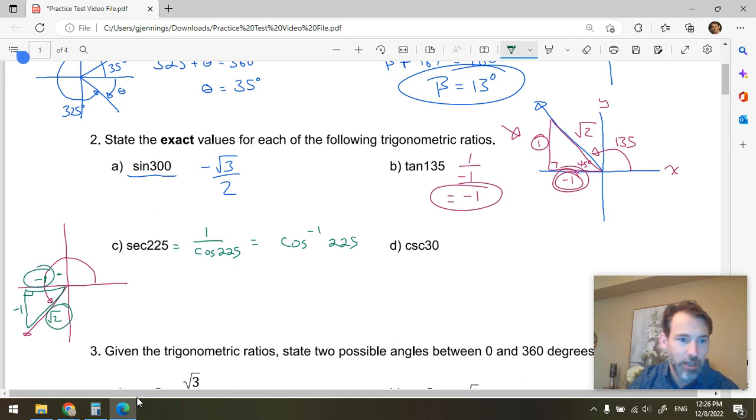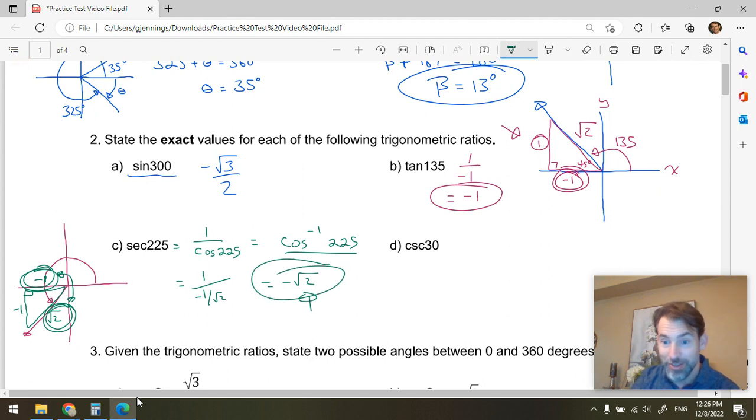This one is on top and that one is on the bottom. So you could write it this way, 1 over root 2, but it's negative. But you could also just say, well, I know cosine, so I'm going to flip it. And you just say that it's equal to negative root 2. Negative root 2 over 1, or root 2 over negative 1. But just write it this way so that you're not adding a whole bunch of extra non-important information.